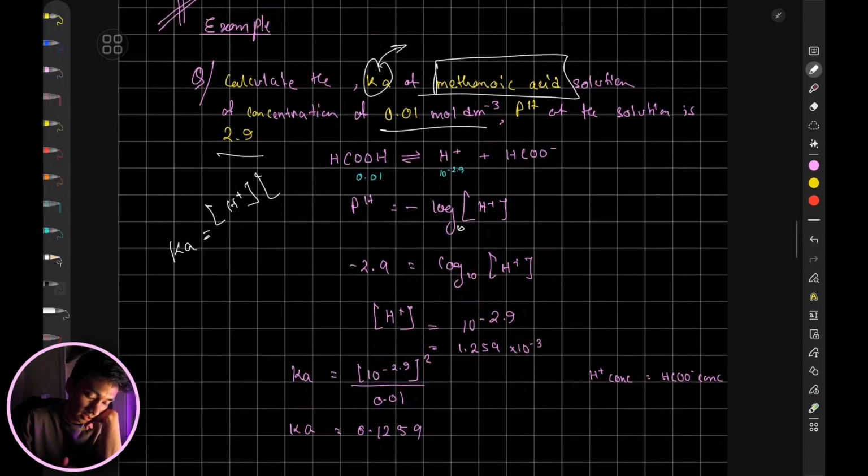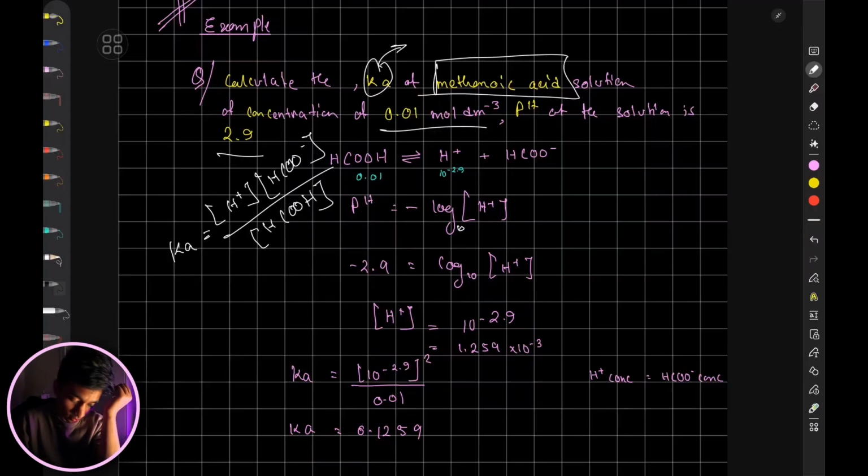If you know the H plus concentration, you already know the HCOO minus concentration as well. Both are going to be equal, divided by HCOOH. And you know the concentration of HCOOH.